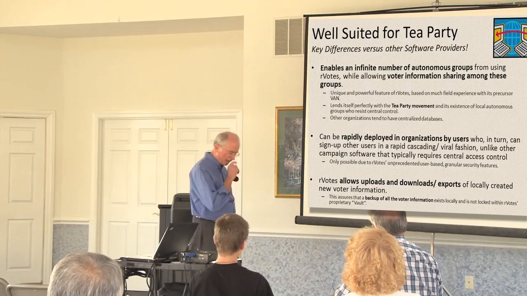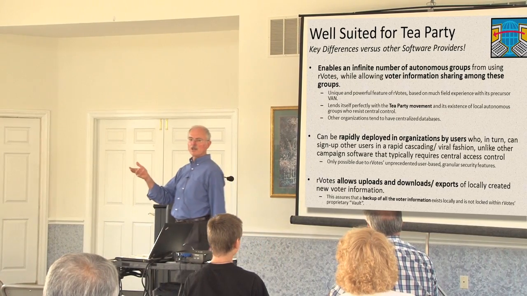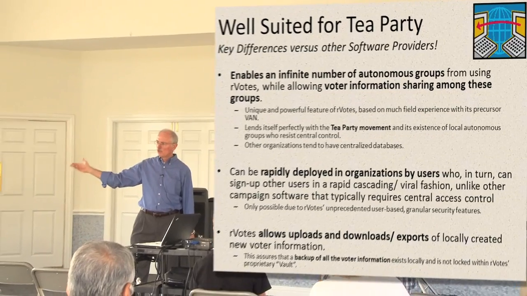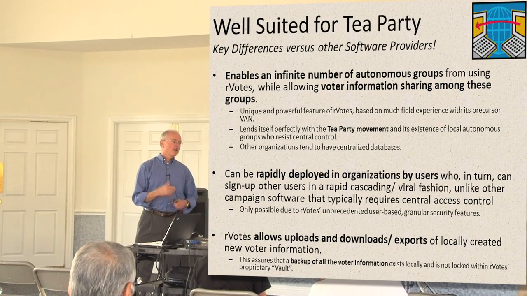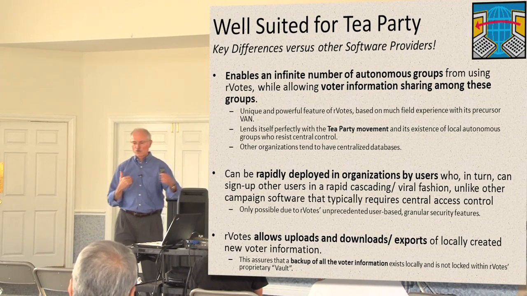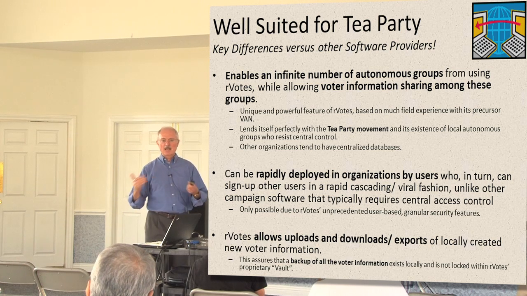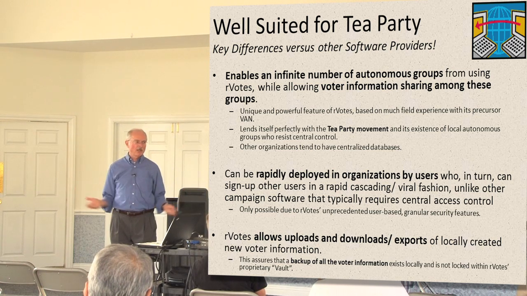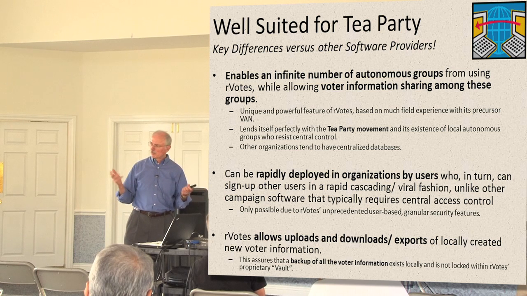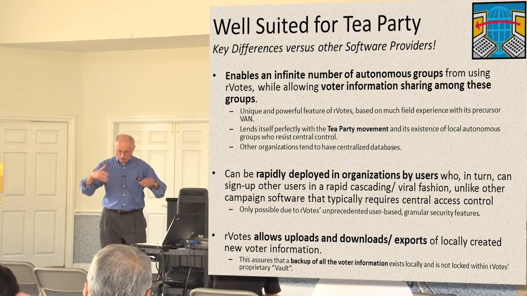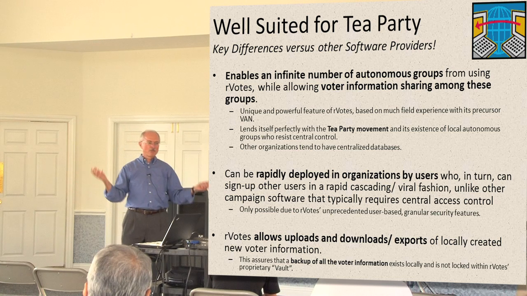But here's the most important thing. This has come up again and again as I interact with state leaders like Florida and Iowa. They're all starting to use rVotes. They call me because Warren and I have been very instrumental in getting it into Ohio, getting adopted by the Ohio Tea Party leadership, specifically the Ohio Liberty Council that represents 70 Tea Party organizations, and even beyond that.